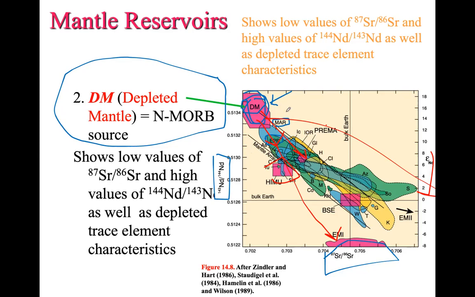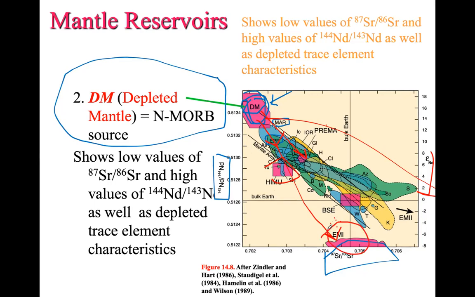In some cases it may have been affected very severely by EM1 or EM2. So in that case, your sample might be plotting somewhere here, although it's a mid-ocean ridge basalt. That means your original mid-ocean ridge basalt has been affected by a melt derived from this EM1, right?